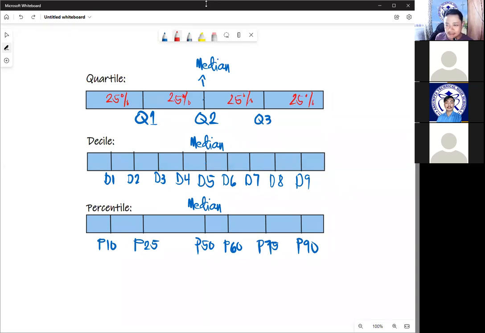Got it? Got it, John? Show me a reaction, please, if everything is clear regarding that. Very good. Okay. Nice. So we shall now continue.